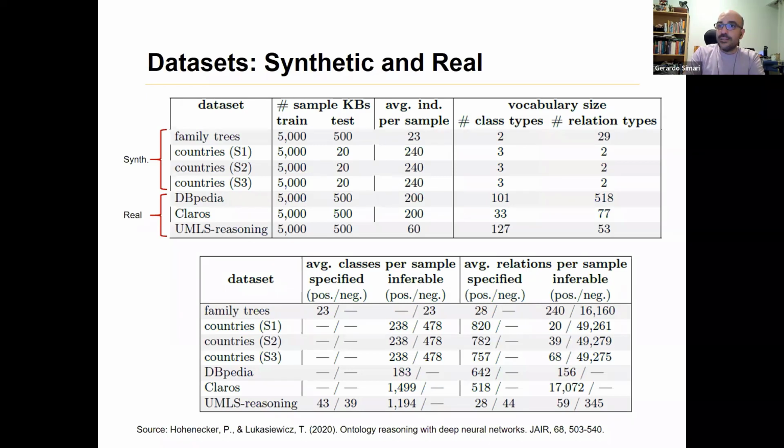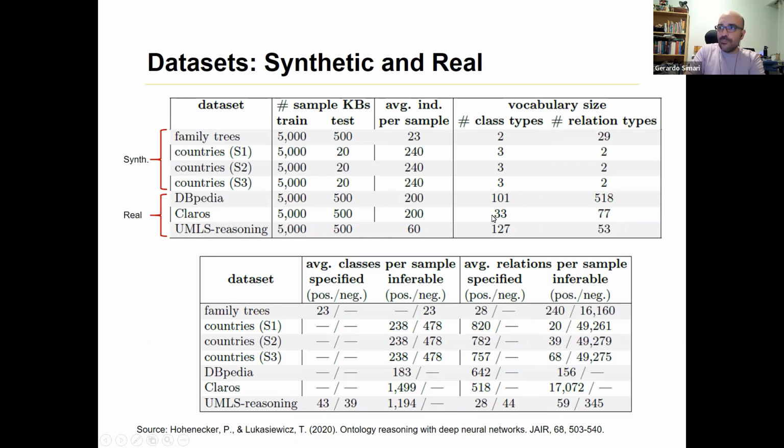The synthetic data sets, they also refer to them as the toy data sets, mainly because of their sizes. So the number of classes and relation types is quite low, as you can see here in the first 4 rows. And for the real data sets, we'll see what they are in just a moment.